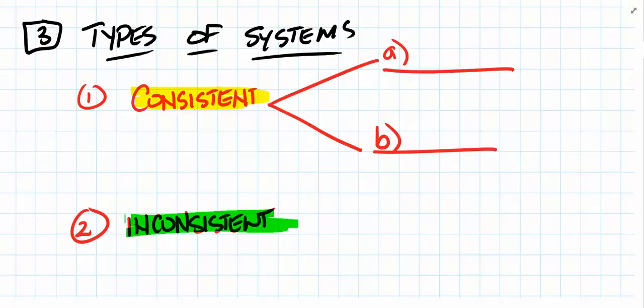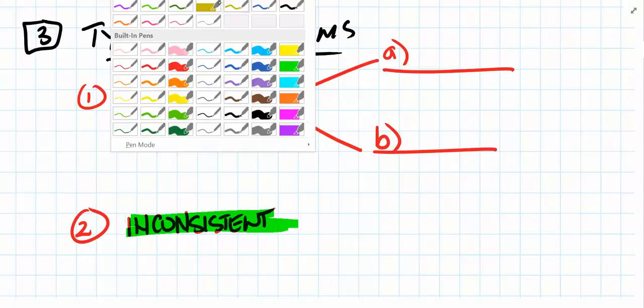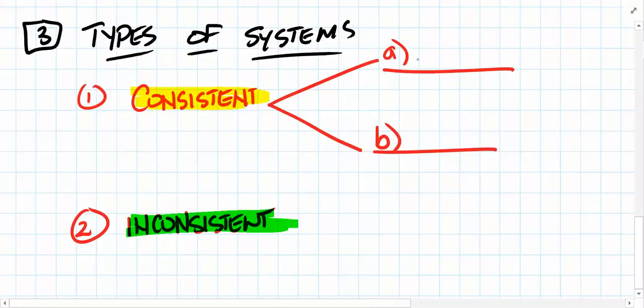But let's just focus right now on consistent. If you have a consistent system, there are two different types of consistent systems. And noticing I've labeled them A and B off on little spears for you. The first type of consistent system is known as independent. And that basically means that there is only one solution.